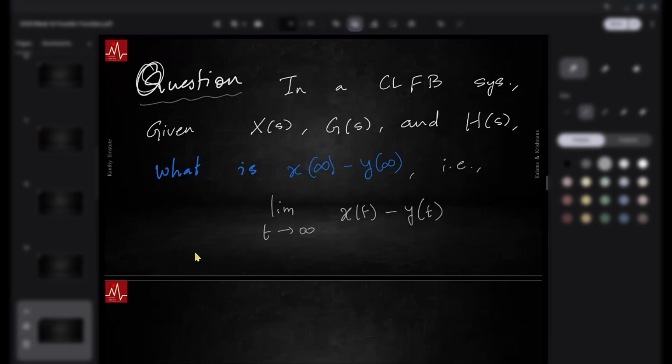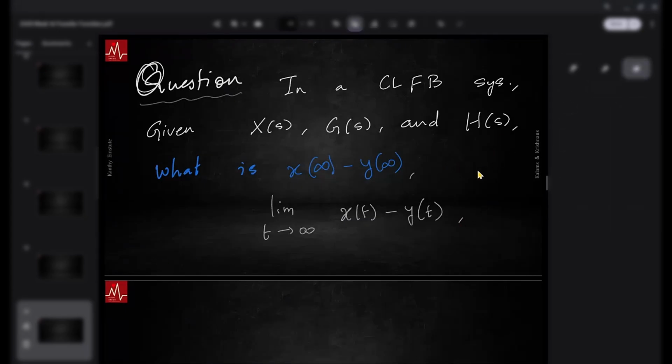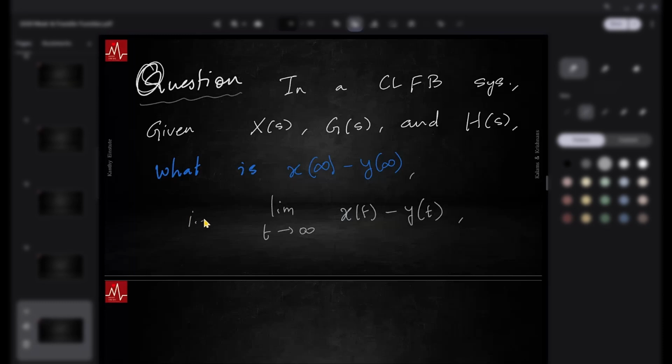Let me also write that in English. That is difference between input and output after a long time.